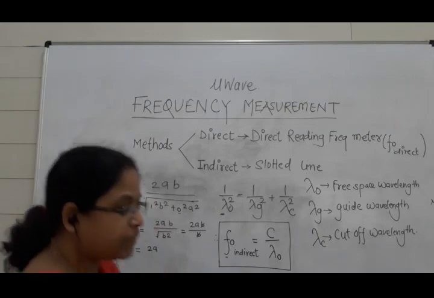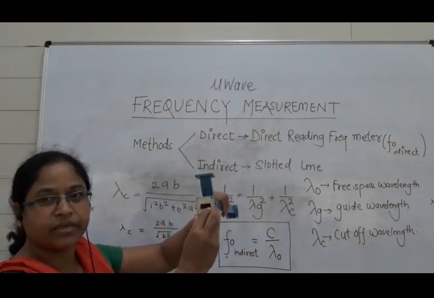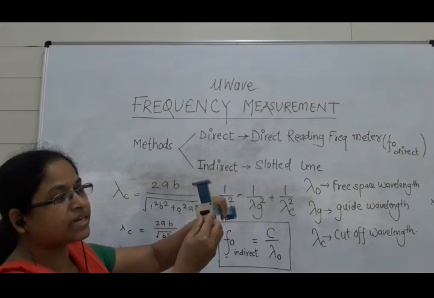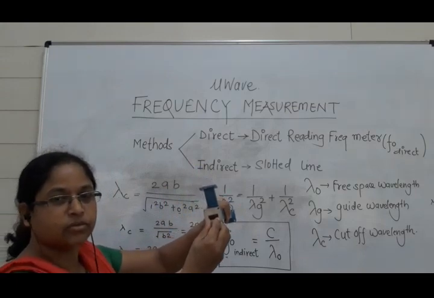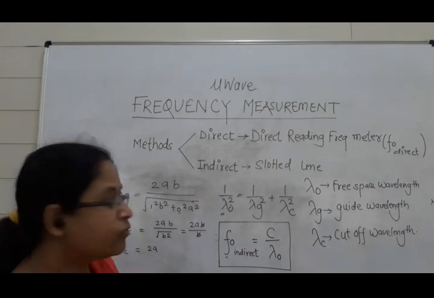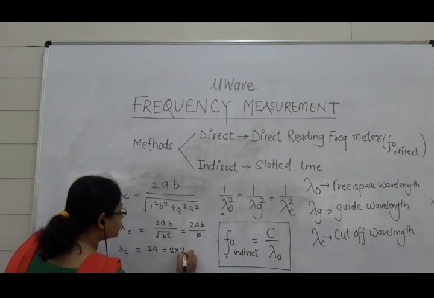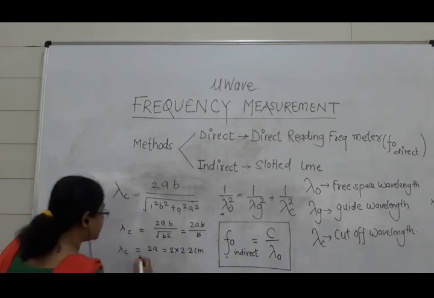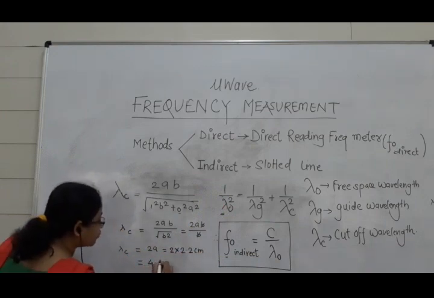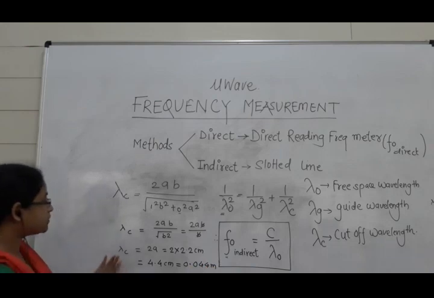This waveguide has the longer side as side A. If you measure, a is 2.2 centimeters, so we put this value over here. The equation becomes 2 into 2.2 centimeter, which is equal to 4.4 centimeter, or 0.044 meters. So this will be lambda c.